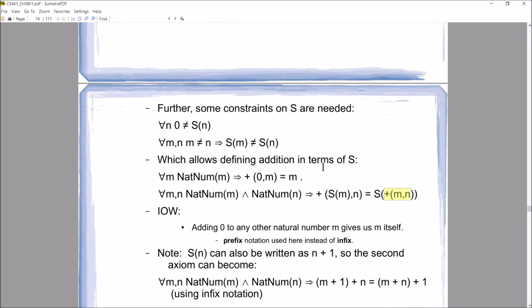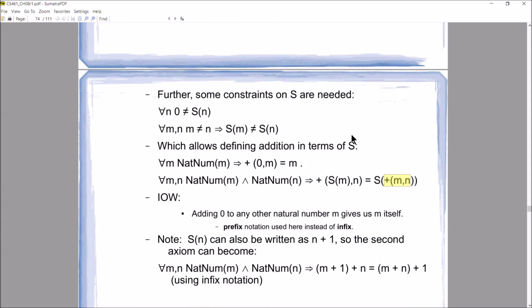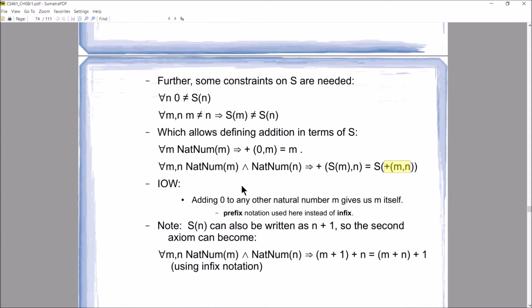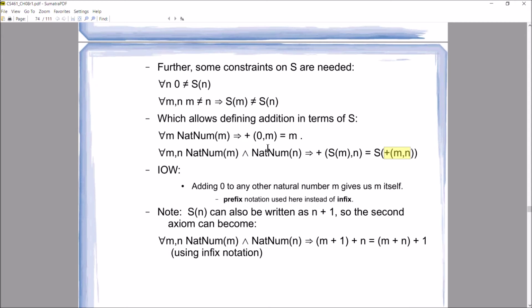Okay, prefix notation here, right? We saw that in Lisp. It might be uncomfortable to use prefix notation, so the textbook says, let's use some syntactic sugar, even though in first order logic you use this prefix notation because this is a function. The plus represents a function where you're saying this gets added to this, right?